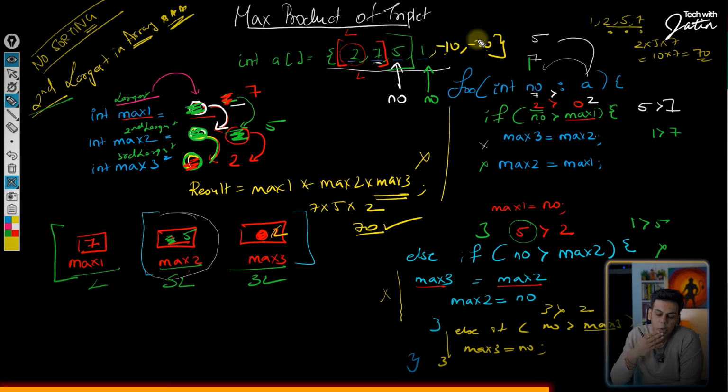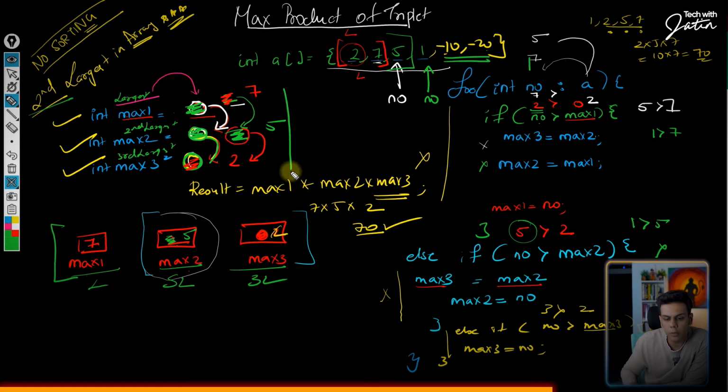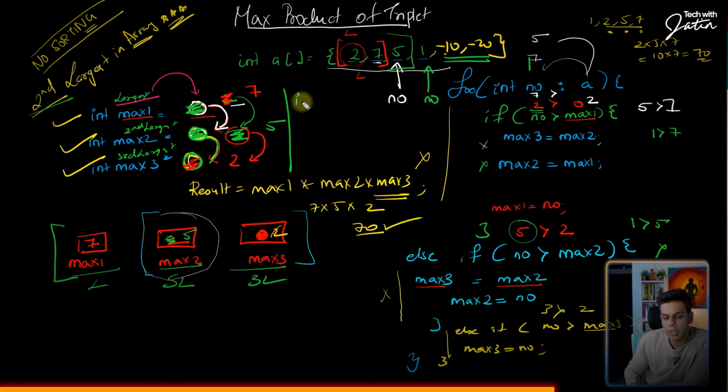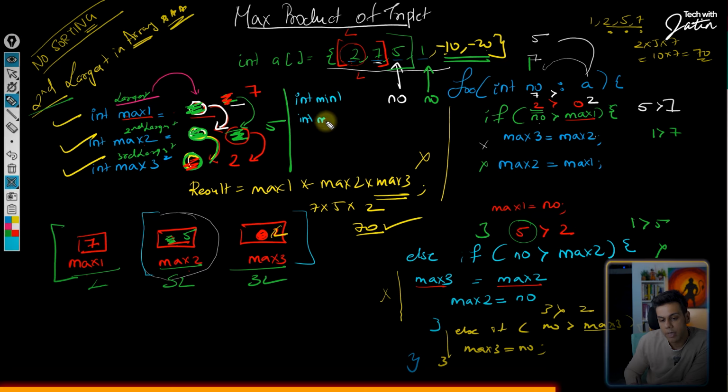So, over here, for the positive number, I am interested to know the largest, second largest and the third largest number. But now that I have negative numbers also, what we will do, we are going to create 2 variables extra. Okay, we are going to create 2 variables extra. Those are going to be integer minimum 1 and integer minimum 2.